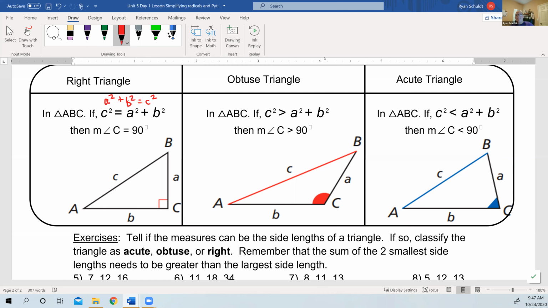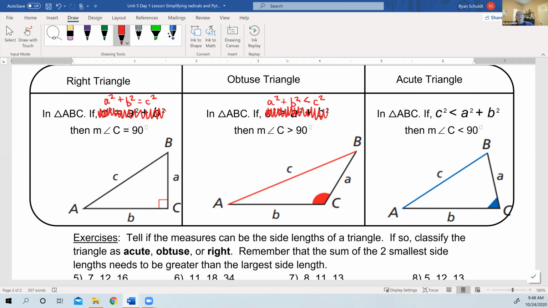Now, what if we have an obtuse triangle? We will know this because a squared plus b squared will be less than c squared. So I'm going to mark this out because I don't really want us using it written in that way.